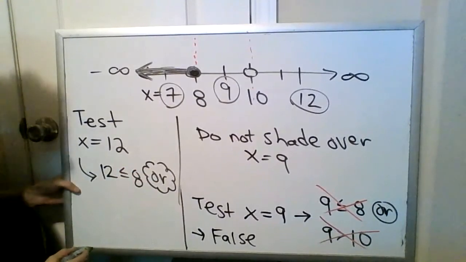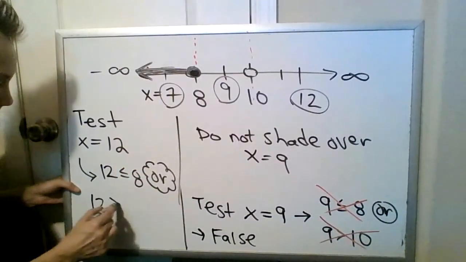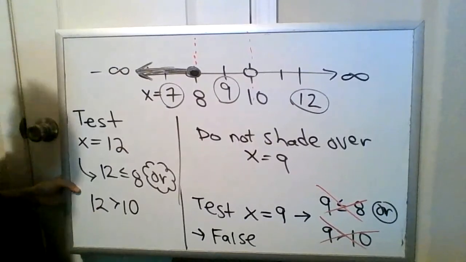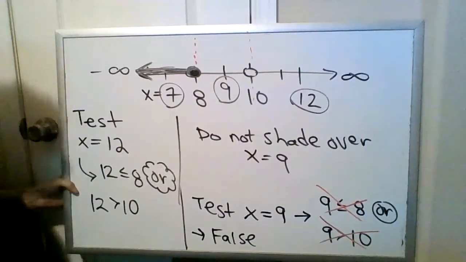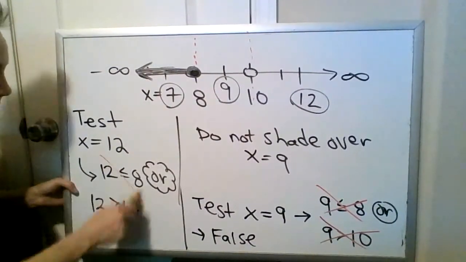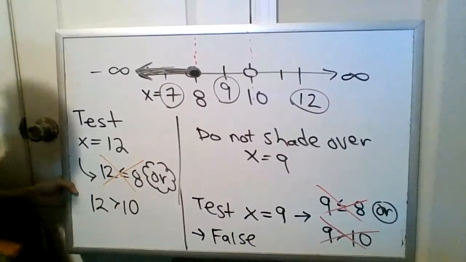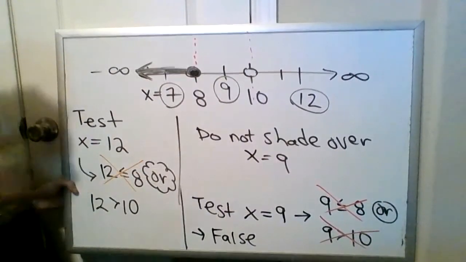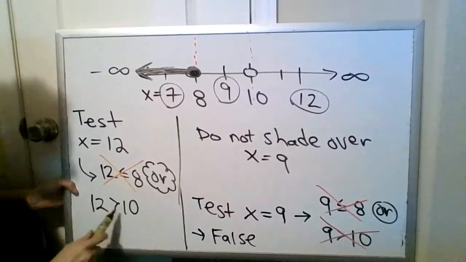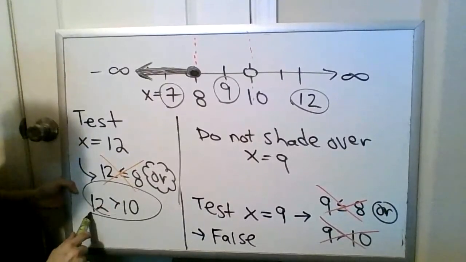Is 12 greater than 10? First part is false. 12 is not less than or equal to 8. The other part is true. With an or statement, that makes this a true statement.